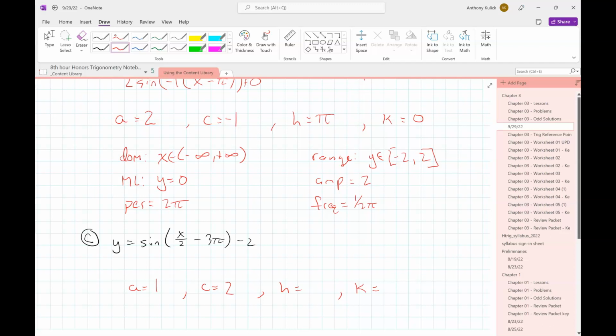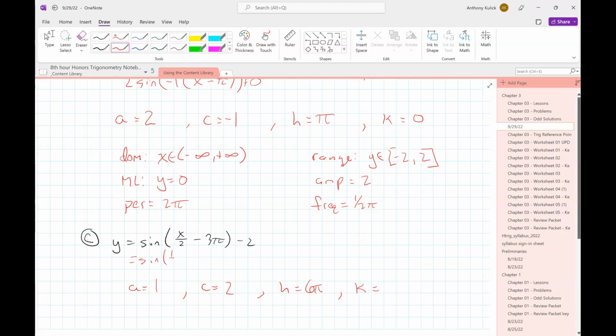What's my value for H? Not 3 pi. Mr. Kulak, there's not even a 6 in there. Where the heck is that coming from?